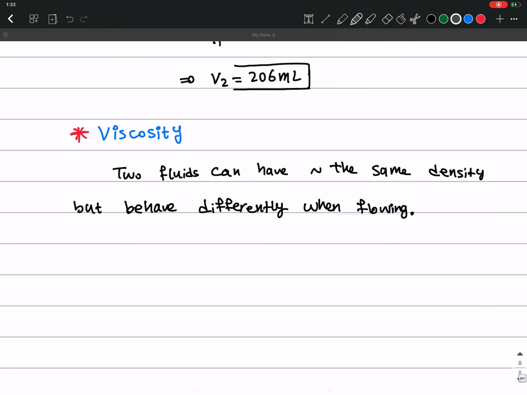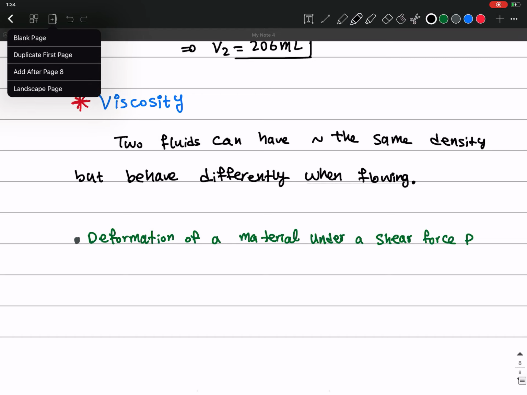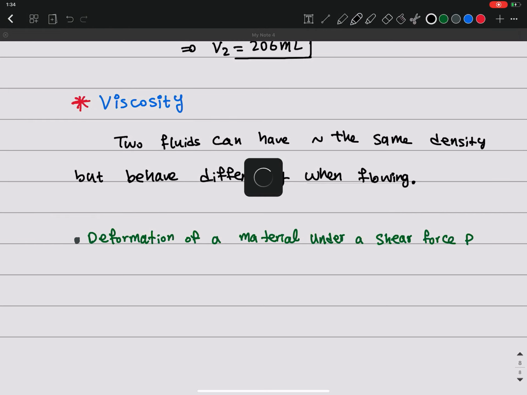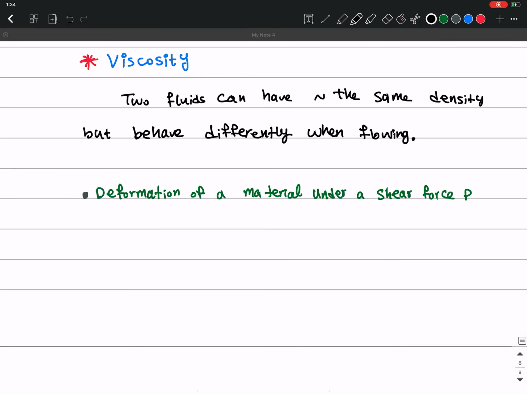So first, let's get started with the deformation of a material under a shear force P. Okay, so let's see how the material is going to deform when we apply a force to that.